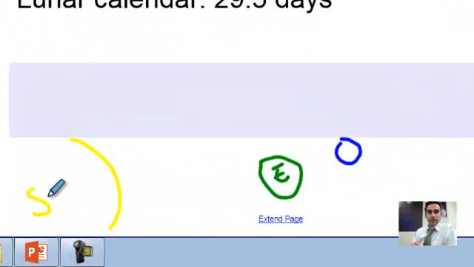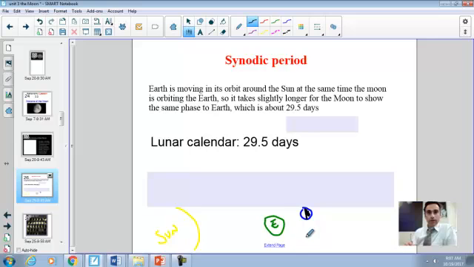And this is the sun over here. Half of the moon will always be dark, right? Day and night, just like on Earth. So if we looked at it like this, half of the Earth would be dark.